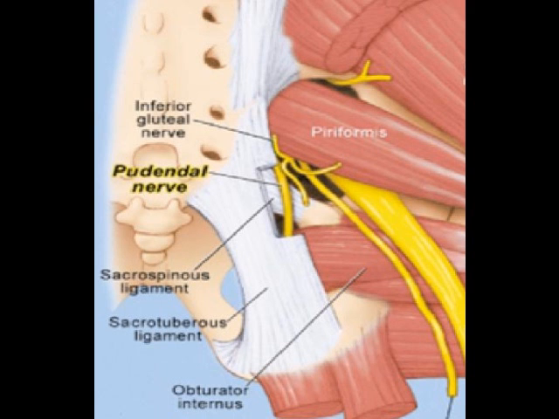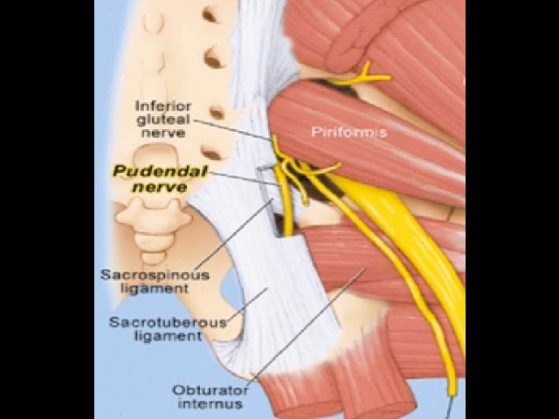Okay, this is a close-up picture of the pudendal nerve, and it also shows the sacrospinous and sacrotuberous ligaments. The sacrospinous ligament basically runs horizontal, and the sacrotuberous is a wider ligament that runs vertical and is longer. It runs from the bottom of your pelvis to the top.